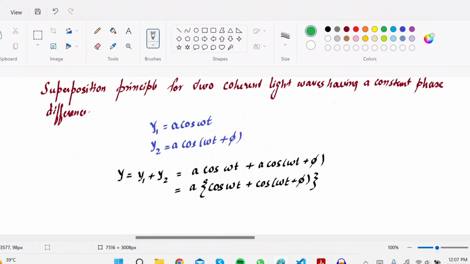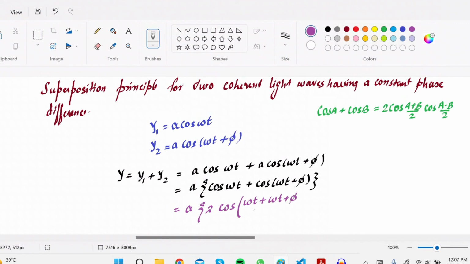Now let's take the identity: cos A plus cos B equals twice of cos ((A plus B) by 2) cos ((A minus B) by 2), this is from 11th standard. And we can write this here as a times 2 times cos ((omega t plus omega t plus phi) divided by 2) and cos ((omega t minus omega t plus phi) by 2).